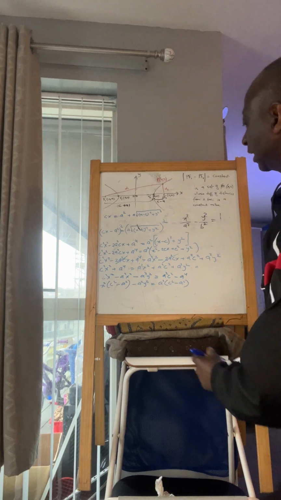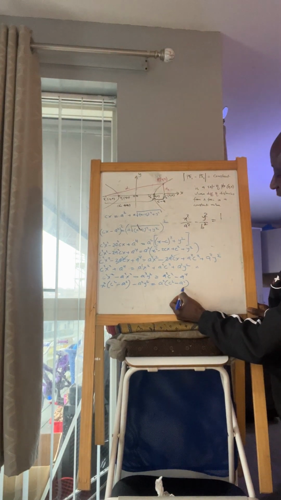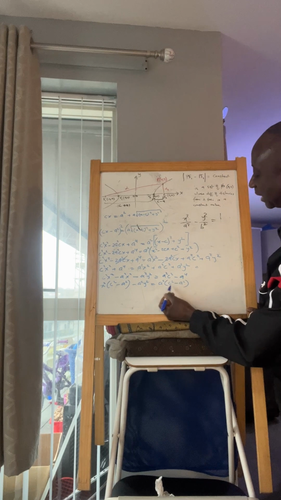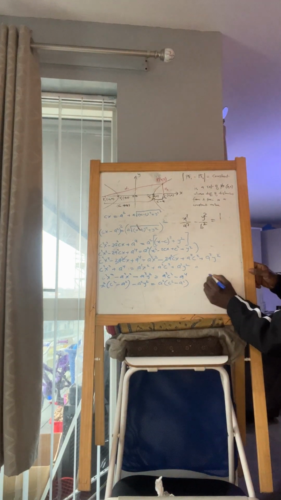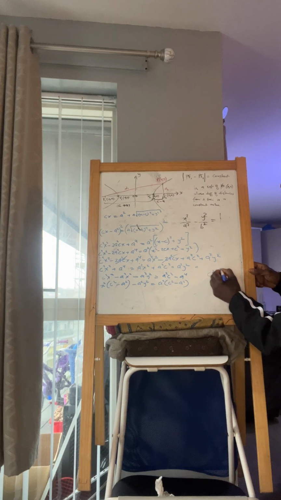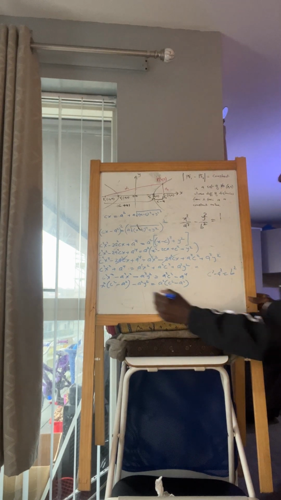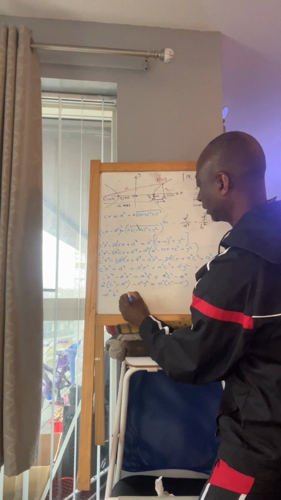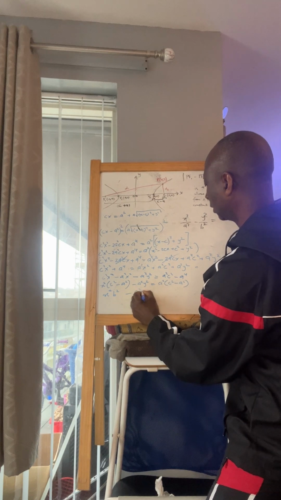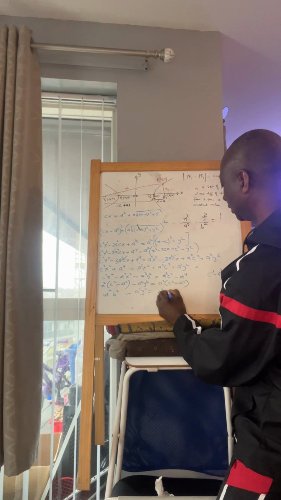So for now, since we have c squared minus a squared here and here, what if we say c squared minus a squared equals b squared? We now have x squared b squared minus a squared y squared equals a squared b squared.